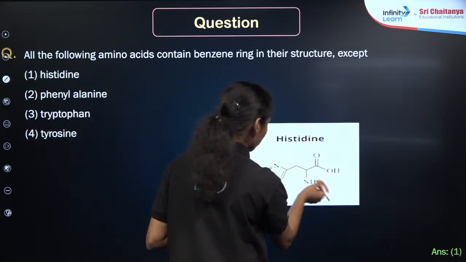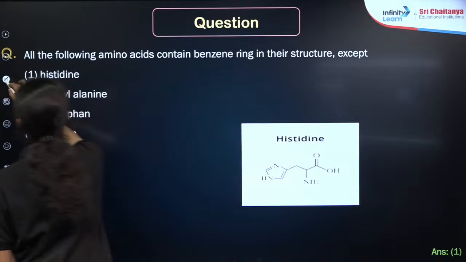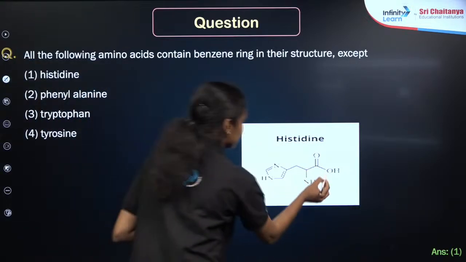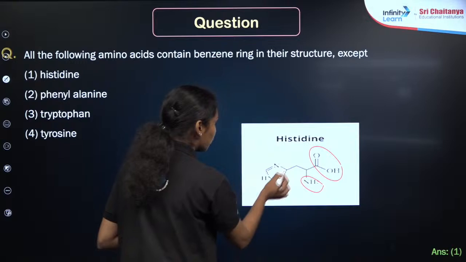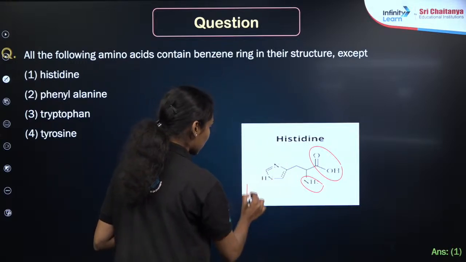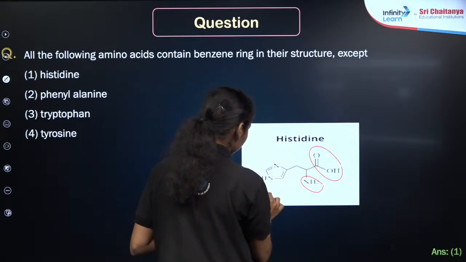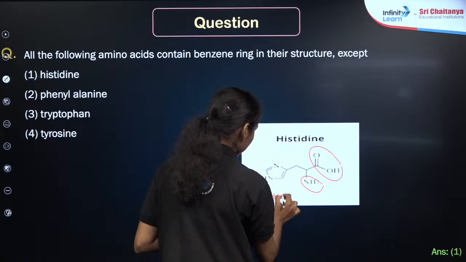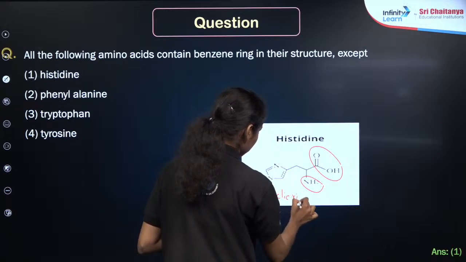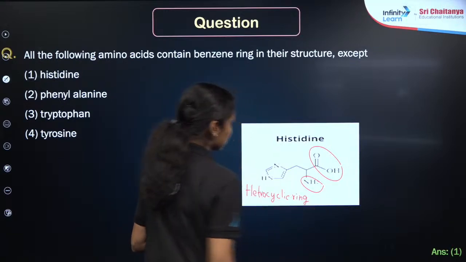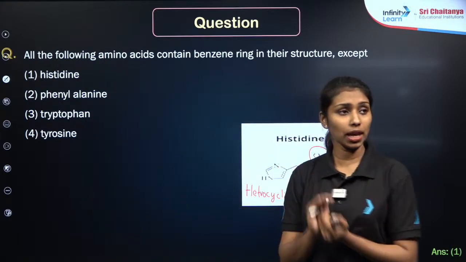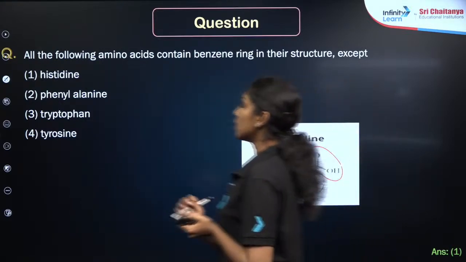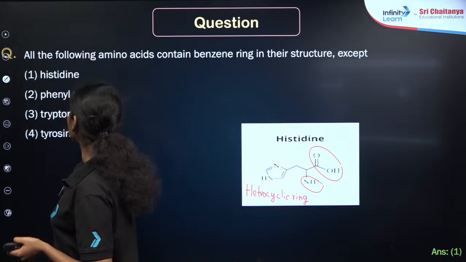This is the COOH group, and this is the NH2 group. There will be a heterocyclic ring, right? So in the case of histidine, there will not be any benzene ring. So we can say that option 1 will be the correct answer here.